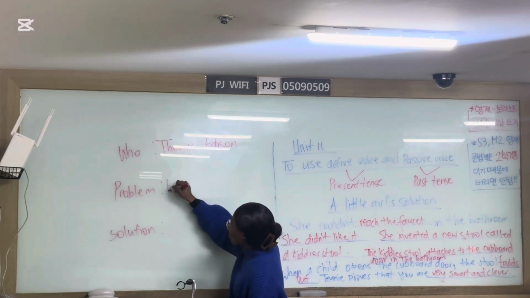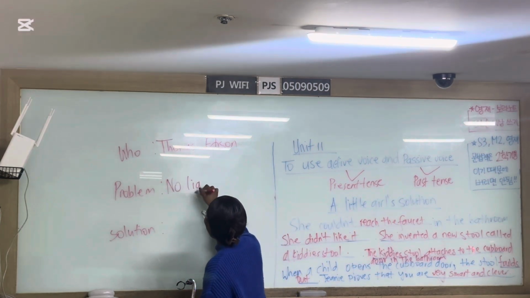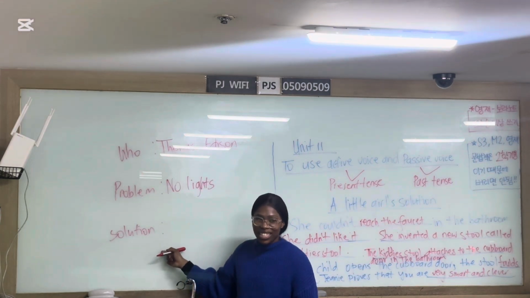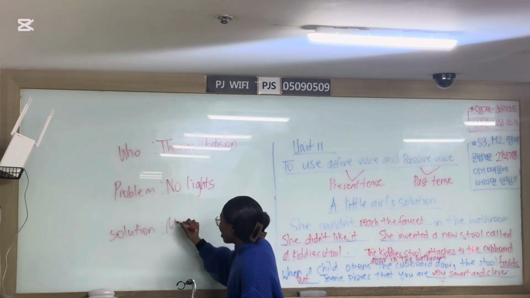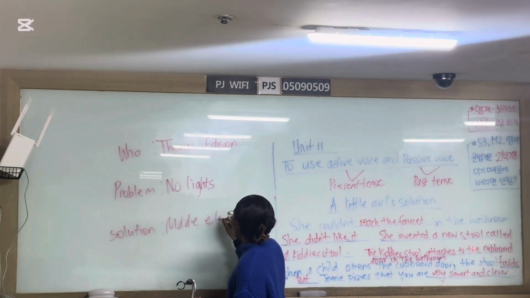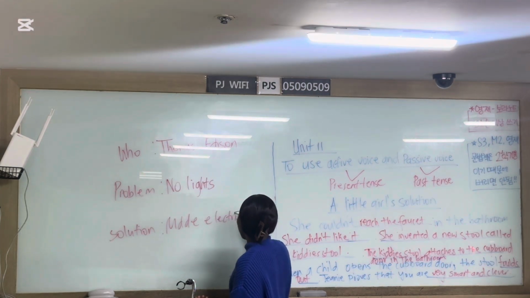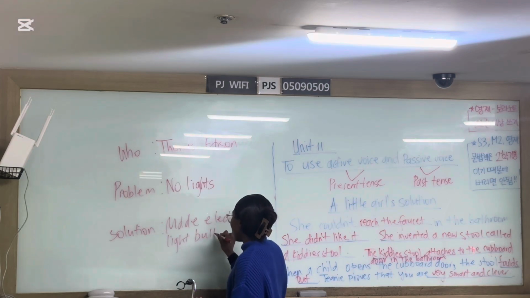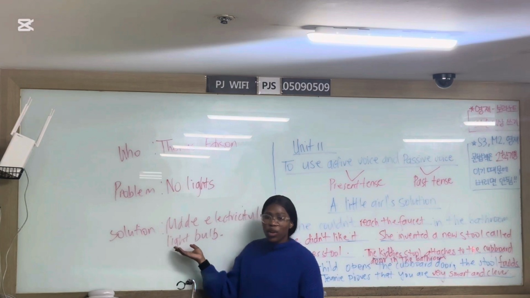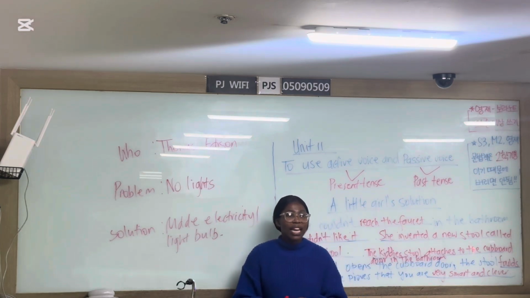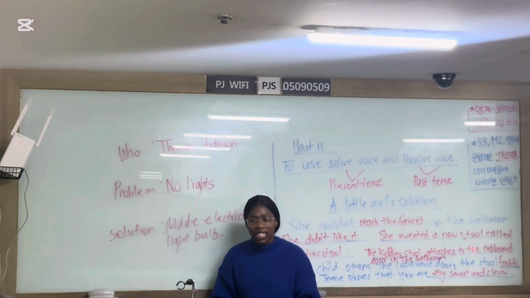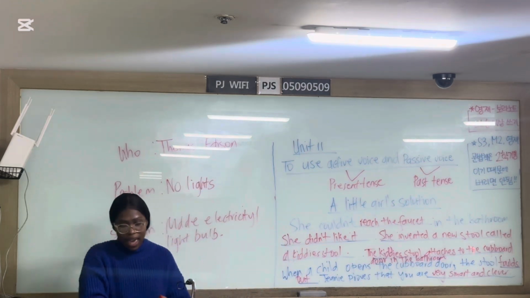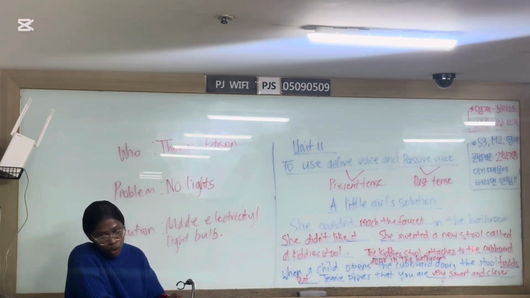Okay, so let's say no lights. And what was the solution? Made electricity or a light bulb. Okay, so this is how you're going to do it. Think about other people that made very creative ideas and write it like this. Tell us what was the problem and then write the solution.